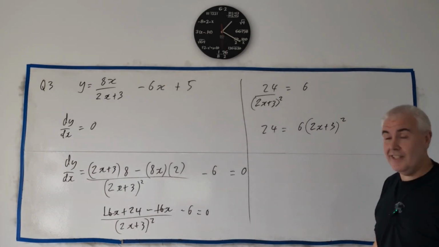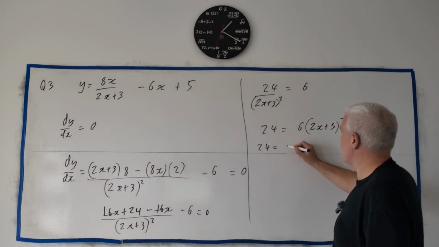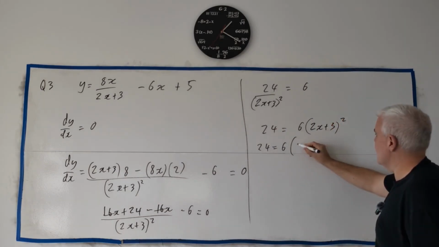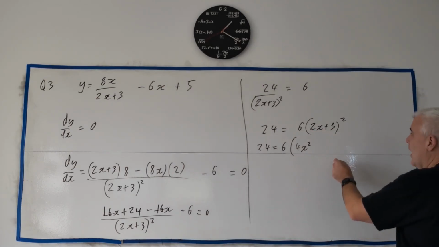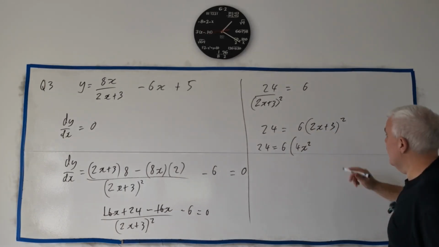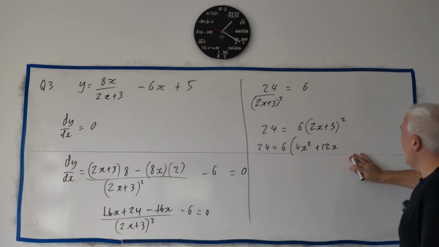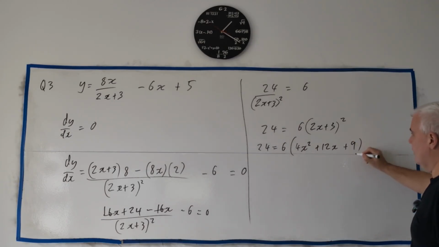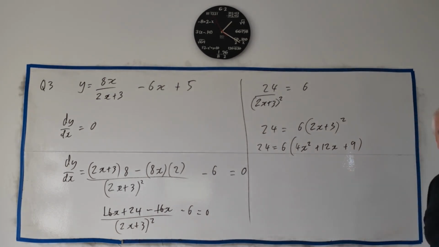This is going to be a quadratic if we multiply it out. We just need to multiply this out, though, at this point. 24 is equal to 6 times, let's see, that'll be 4x squared. This by itself. 3 times 2x plus 2x times 3. That'll be 6x plus 6x. That'll be 12x. And plus 9. Okay, you could multiply the 6 in if you want. Get nice big numbers here.